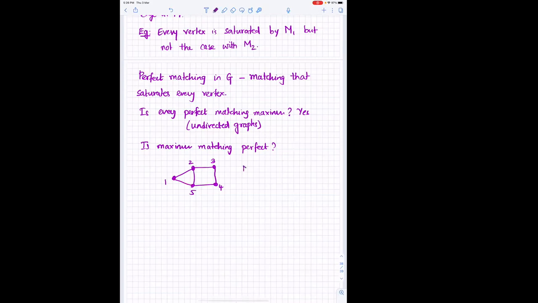That is the matching 1, 5 and 2, 3. So the maximum matching here has cardinality 2. And this is one such matching, but it is not perfect. There are vertices that are missed, 4, for instance. So maximum matchings need not be perfect, but perfect matchings are maximum. Okay. So now we will get back to whatever we were doing.